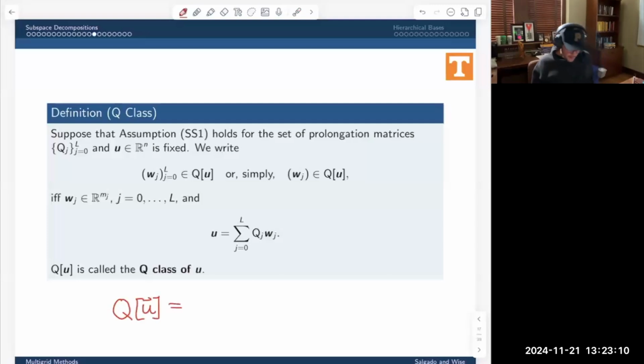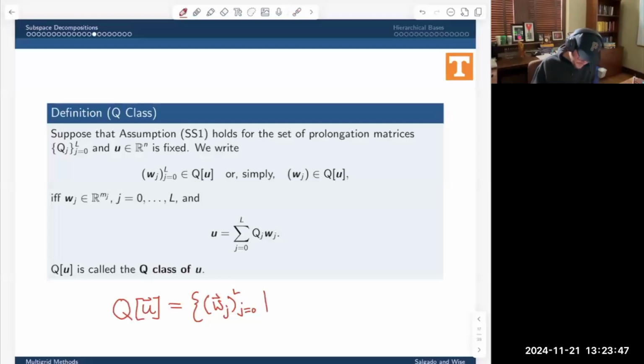If you give me this set of vectors and U, if you fix those, then I'm going to define something called the Q class. So the Q class is going to be those set of W vectors. I'll use J because I'm using J up above. And I'm not using a set notation here. I'm using a sequence or parentheses notation here. I don't know if it makes too much of a difference, but that's what I'm doing.